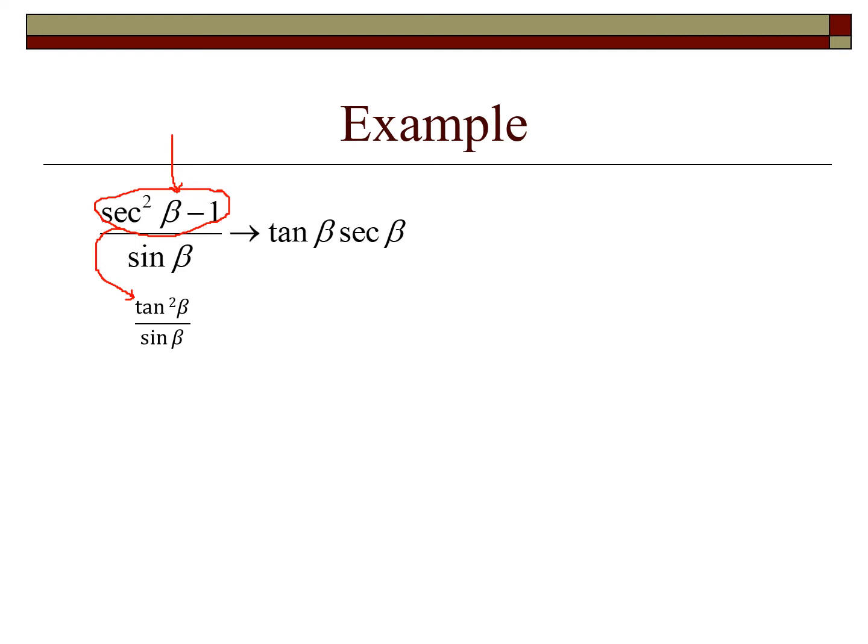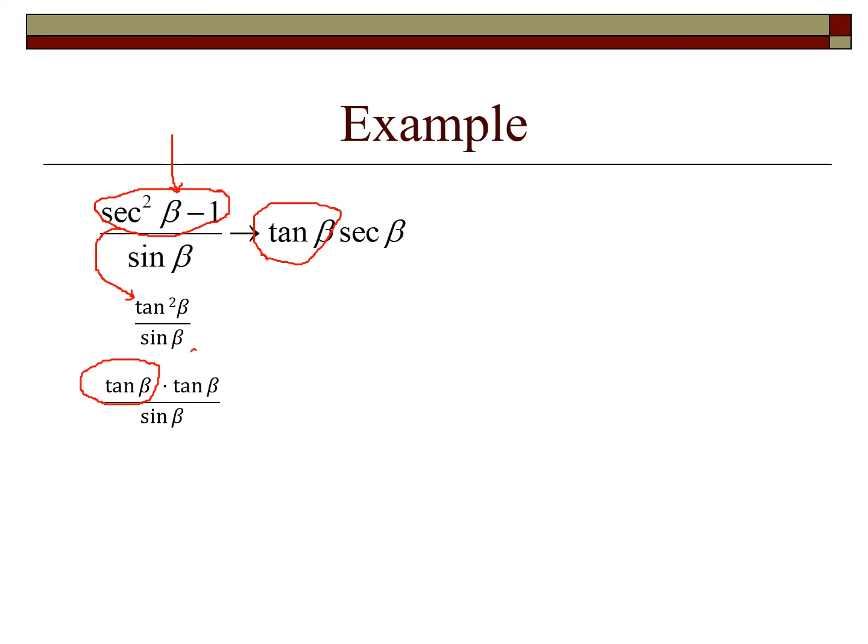Okay, from there, we do have a tangent squared, so what I can do is write it twice, because tangent squared is the same thing as tangent times tangent. Okay, so far we're getting close. We have this part, which kind of matches this part. Okay, so we're going to try to leave those alone, because that's what we want.